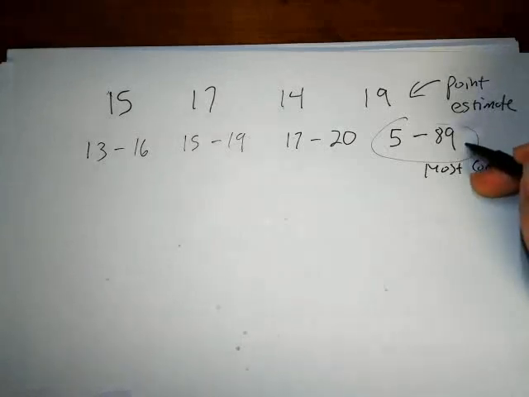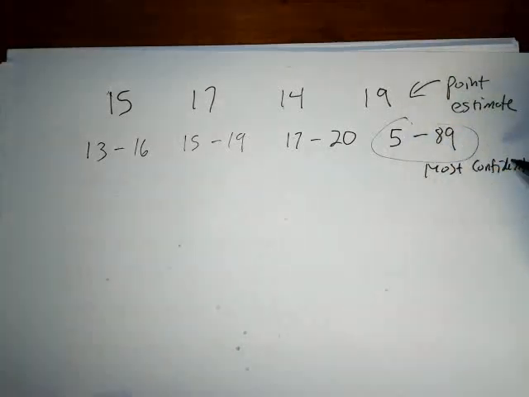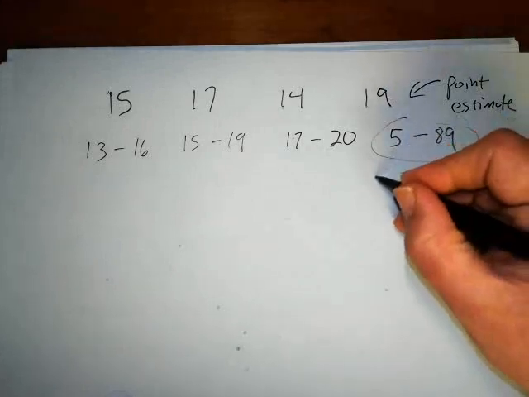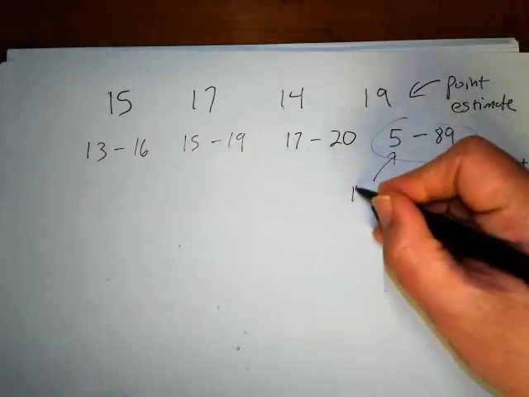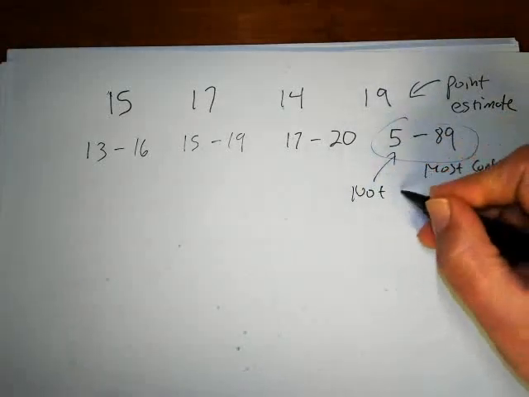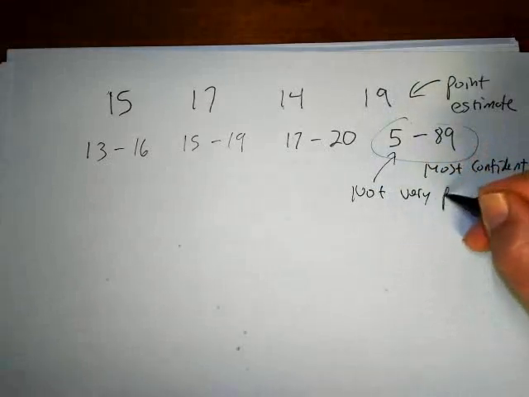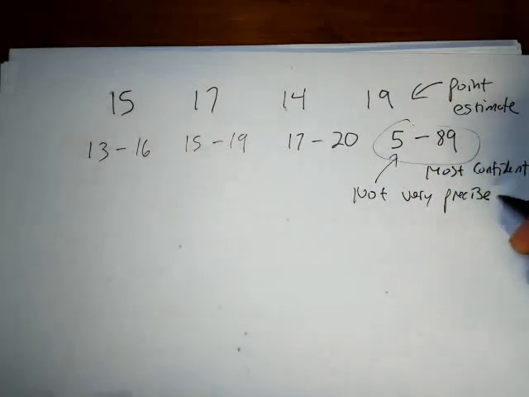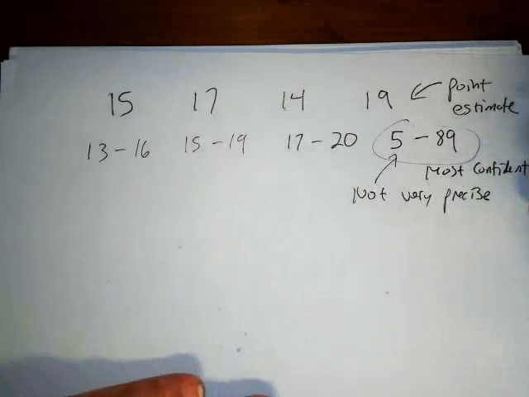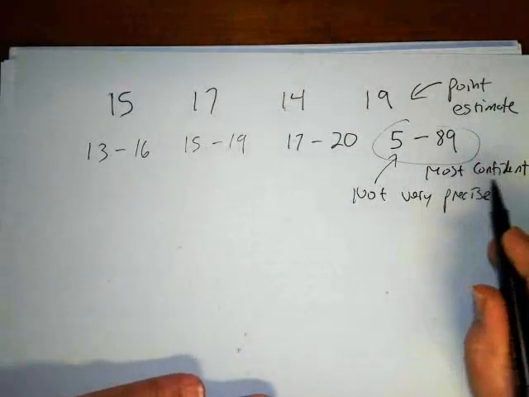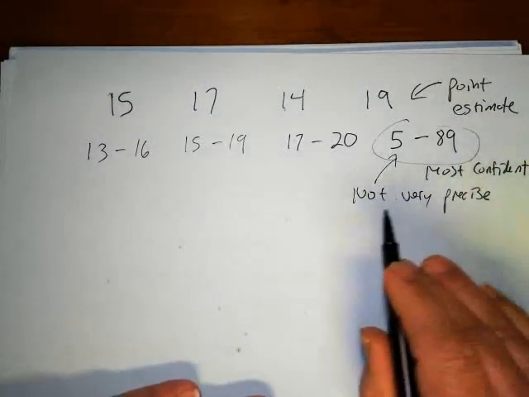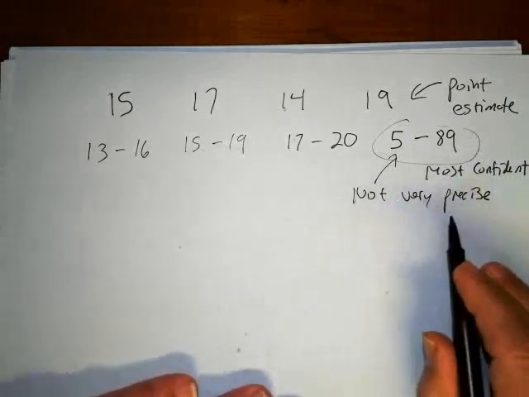And the problem is, it's not confidence here. The problem is that this estimate is not very precise. And that's another good thing that we want in an estimate, right? We want to have a high level of confidence, but we also want it to be precise.